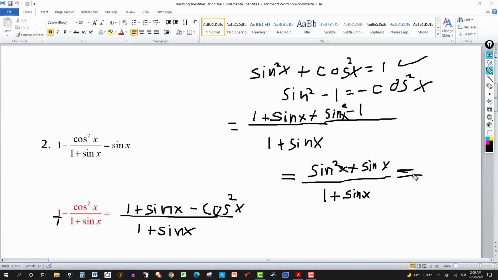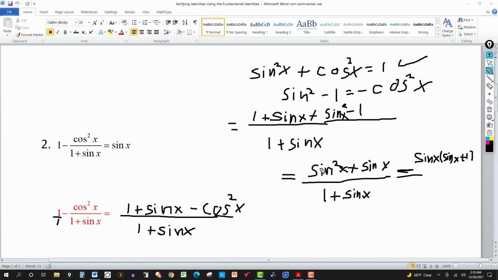So on this one here, I can factor out a sine of x. And what am I going to have left? This will be sine of x plus 1.